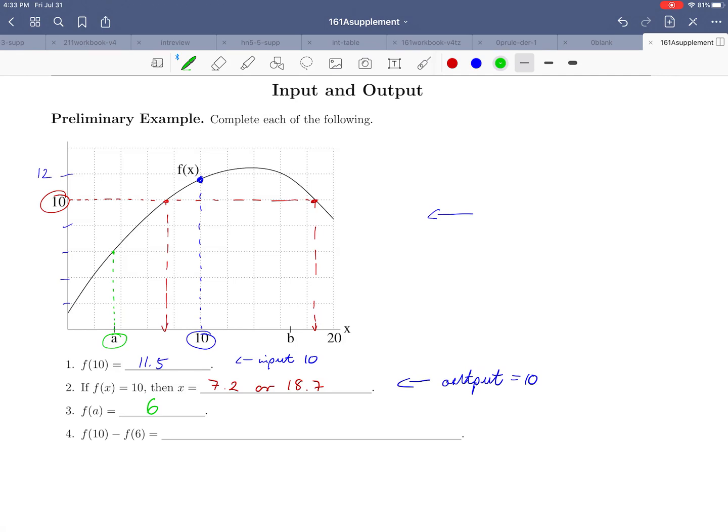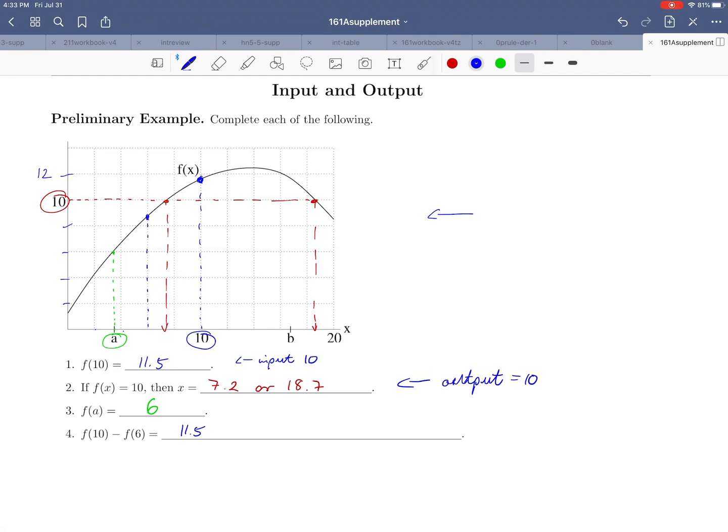And then finally, what's f of 10 minus f of 6? Well, I already know that f of 10, go back, is 11.5. F of 6 I haven't found yet, but I could. So let's go up to the graph and see if we can find it.